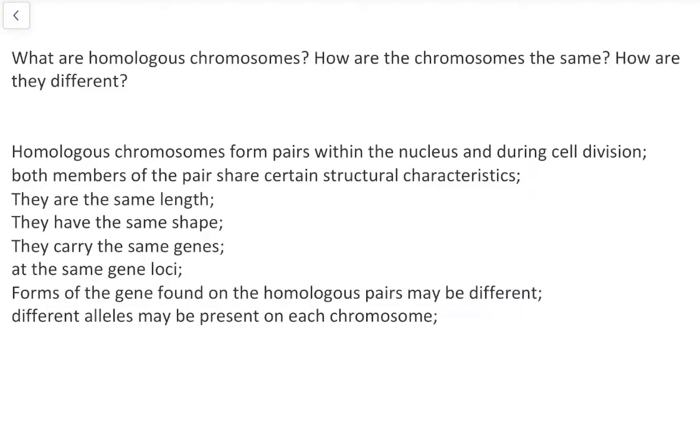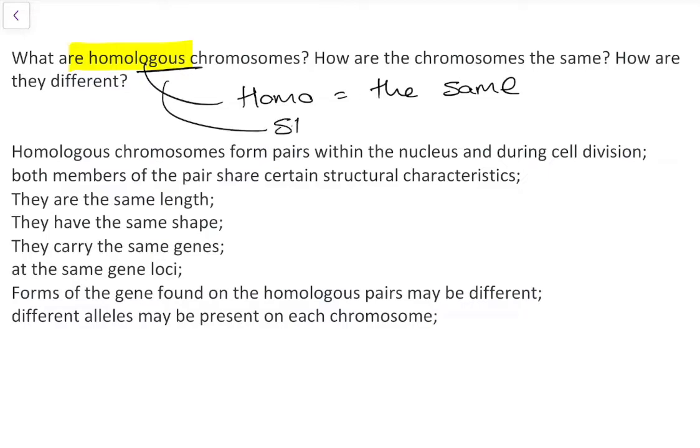Here's our summary. One thing to point out about homologous: homo means the same, and logos means structure. So they are the same structure. Now if they are the same structure, that means they are the same length.